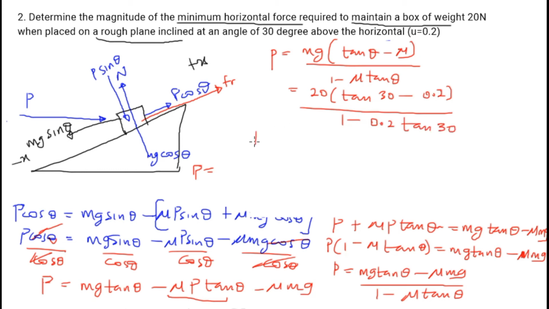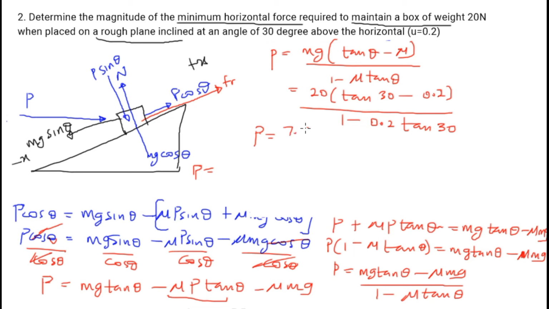Alright, so we'll be able to find P this way using the calculator. So upon your calculator, you can punch tan of 30 degrees, then minus 0.2, which is about 0.37, multiplied by 20.